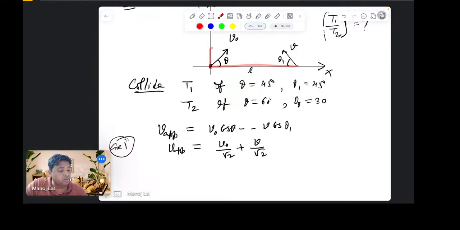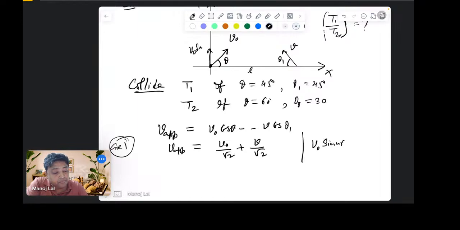So what it will be, I can write V naught sin 45. First case it is 45, so V naught sin 45 is equal to V sin 45.